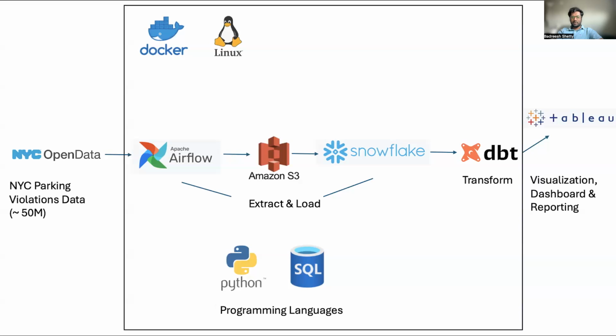I've used Apache Airflow for orchestrating the data pipeline, and it automates the process of extracting the parking violations data from the NYC data portal. The extracted data is then stored into S3. In this case, the data comes in a CSV format.